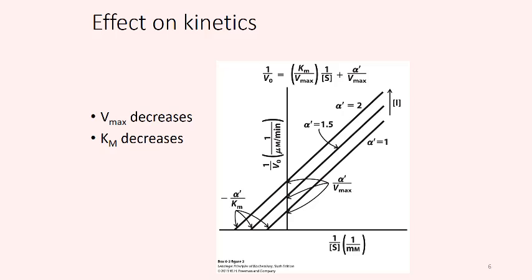So with fewer sites available, it's going to look like our Vmax decreases, giving a lower apparent Vmax than the uninhibited enzyme.